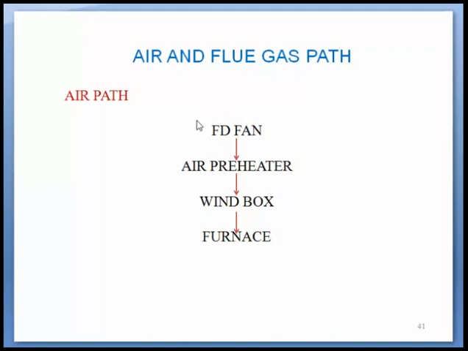The secondary air, also known as combustion air, is supplied by the FD fan. This air goes through the air preheater and gets heated, and finally it is supplied from the four corners into the furnace for the combustion of pulverized coal.